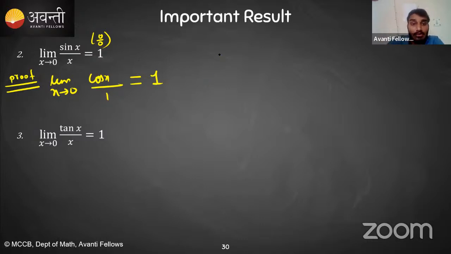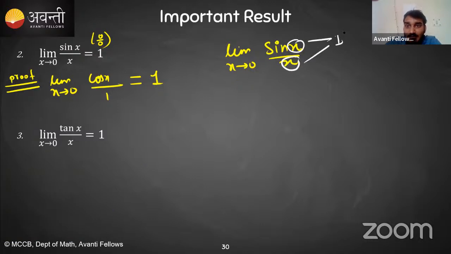Note that in the limit x tends to 0, sin x upon x, this x is in radian. It is in radian. Clear?